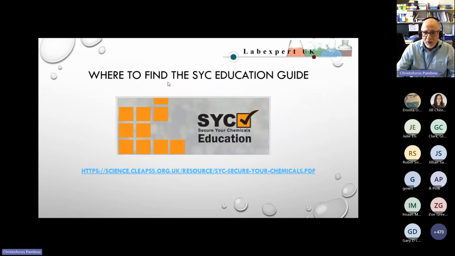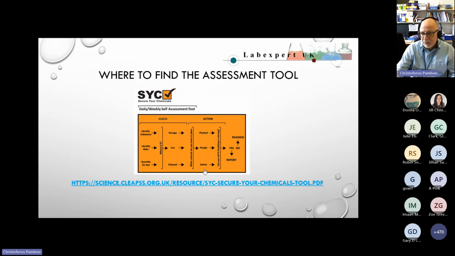So I've got on the slide here a link, it's on the CLEAPS website. As you can see there, you can search for Secure Your Chemicals and click on the link and you'll be able to have the full guidance, which gives the list of chemicals.